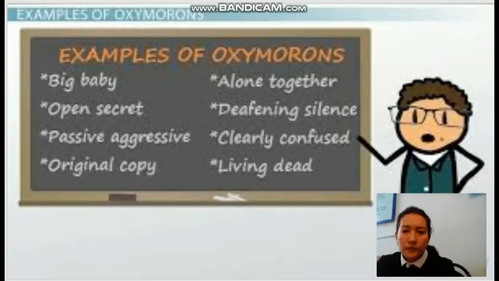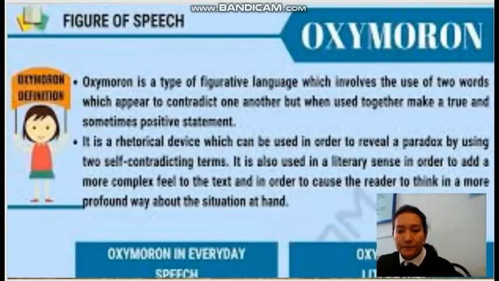Now, examples of oxymoron. Big baby, open secret, passive aggressive, original copy, alone together, deafening silence, clearly confused, and living dead. Oxymoron is a type of figurative language which involves the use of two words which appear to contradict one another, but when used together make a true and sometimes positive statement.